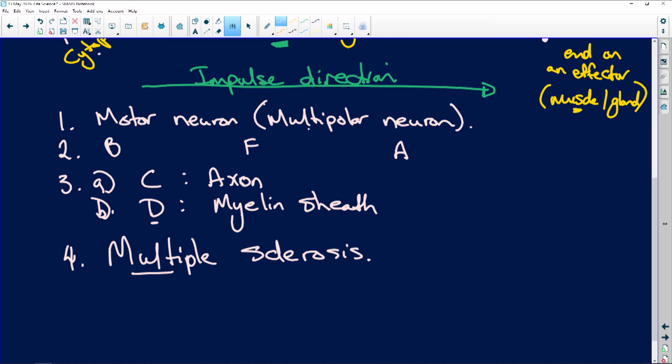Okay, and remember multiple sclerosis because very often they'll ask a question on multiple sclerosis when you do genetics. So they'll say, here's a cross. This is multiple sclerosis and a genetic disease that's passed down as a recessive gene, and so on, in the question.